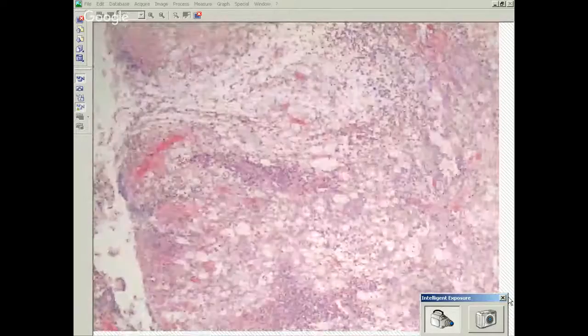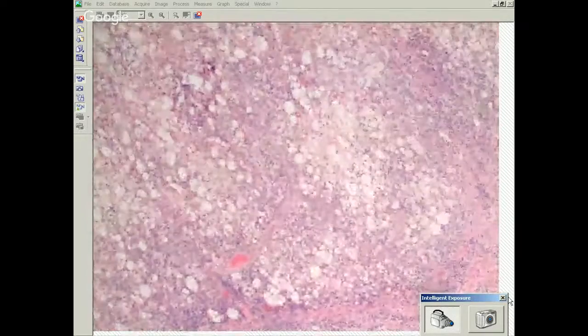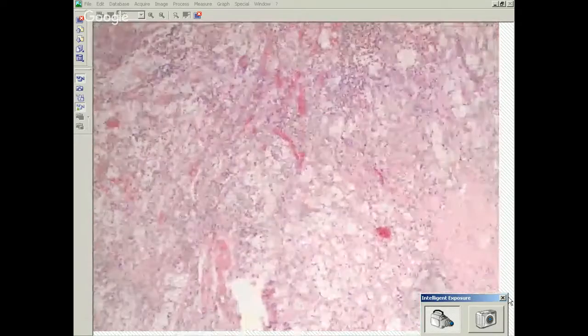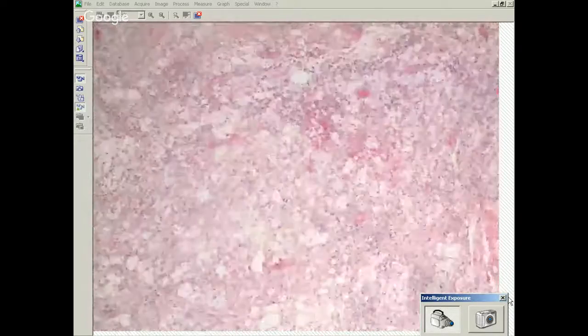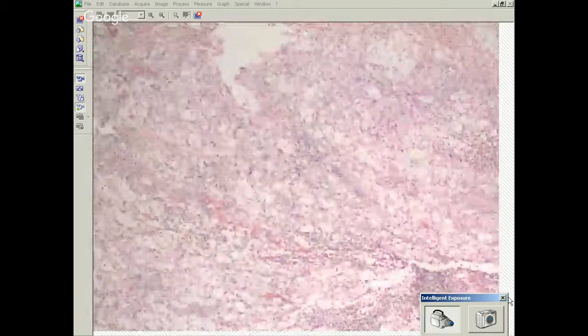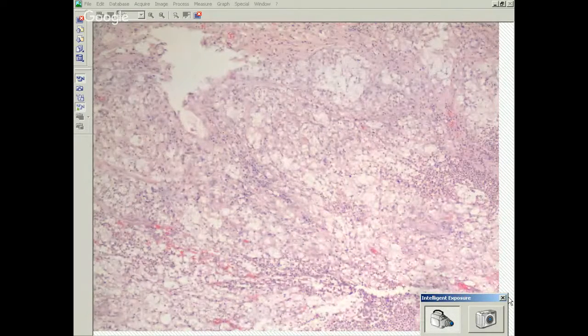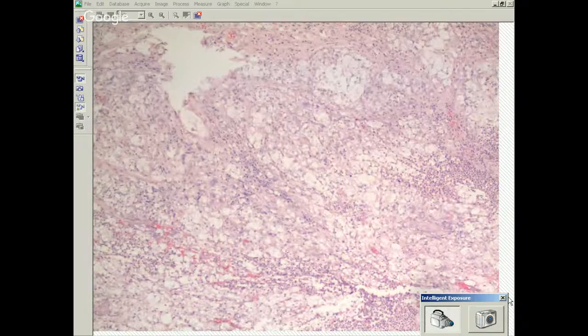So what are these cells? What are these cells that are kind of clear and hanging out in the submucosa? What do you think? Yeah, they're histiocytes. They're actually these bubbly histiocytes.